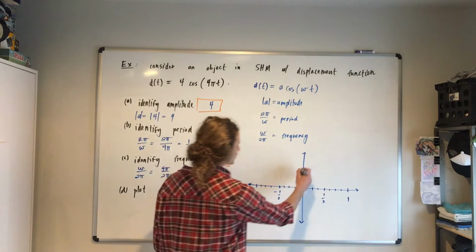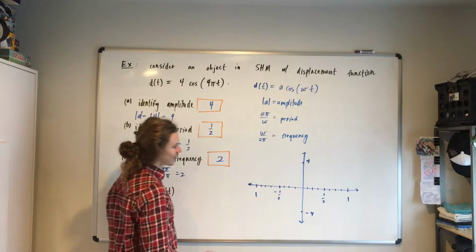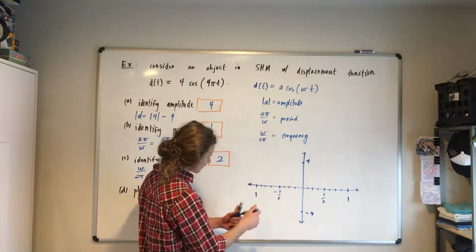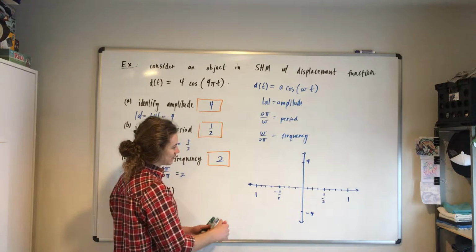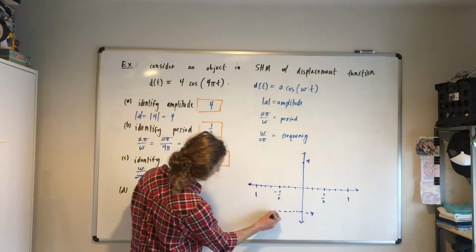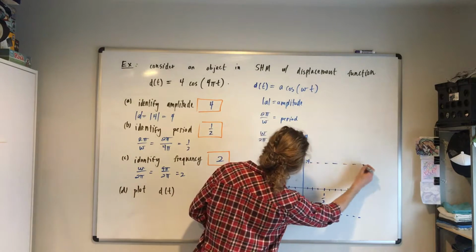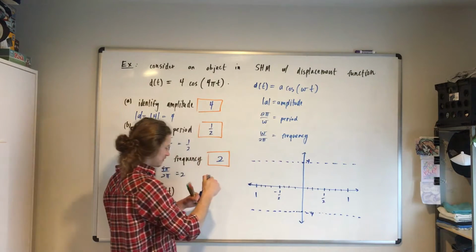Our maximum values will be given by the positive of our amplitude, and our minimum values will be given by the negative of our amplitude. We can put a little dotted line right here to help me find my minimum values. Let's find our maximum values.